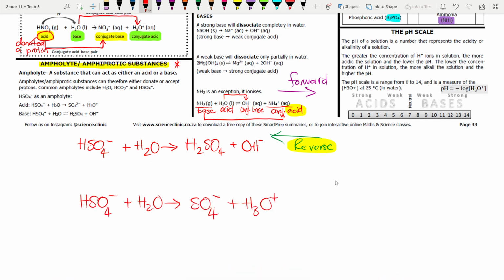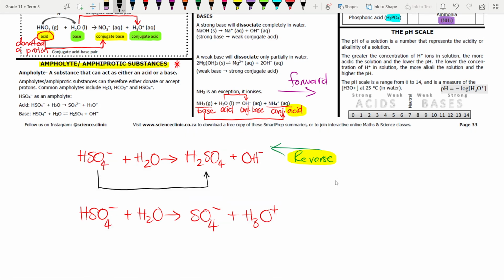We can see that in the first equation, its conjugate is H2SO4. So it looks like it accepts a proton. Is that correct? Yes, so it's going to accept a proton. This means it's a base. Then the water itself is going to donate that proton. So the water is an acid, and we can match it with its conjugate.